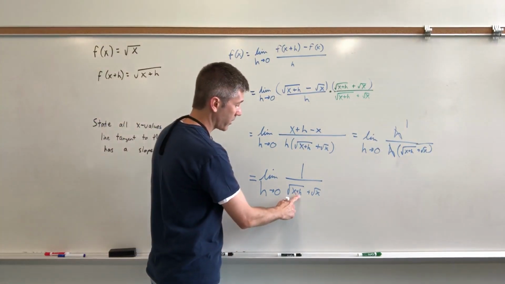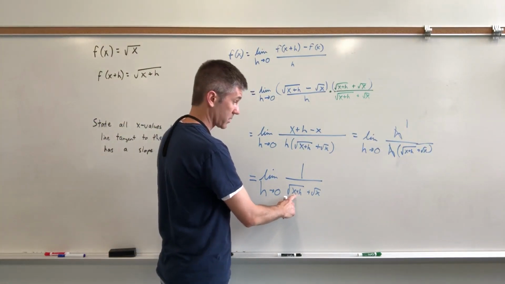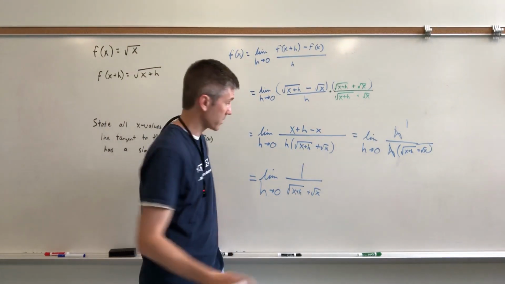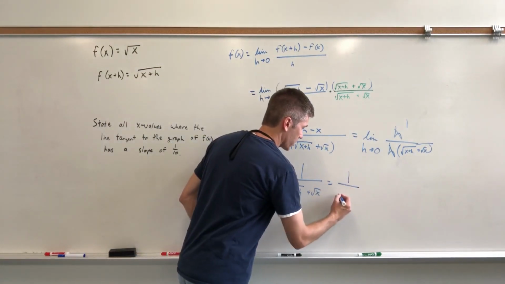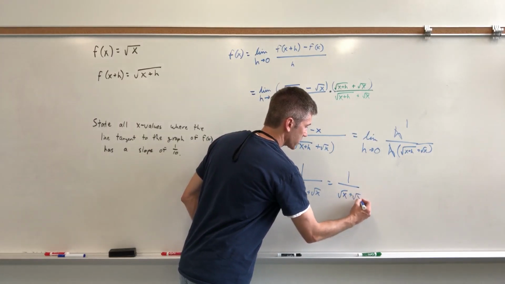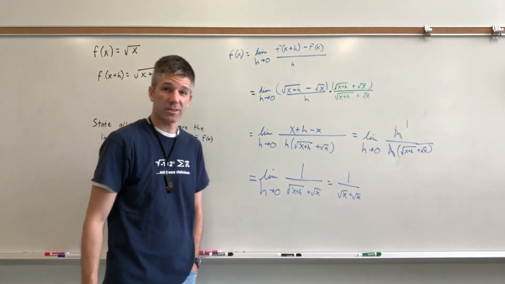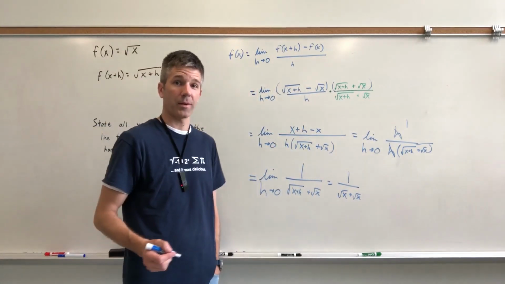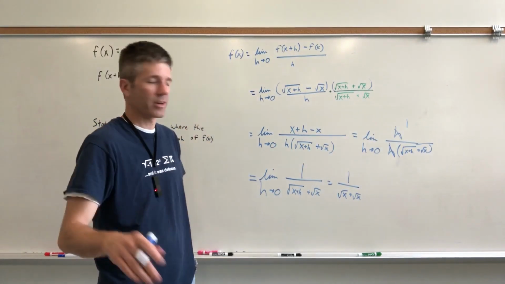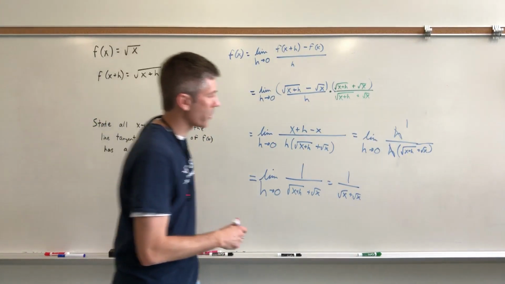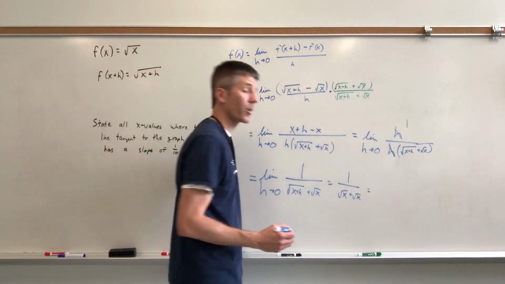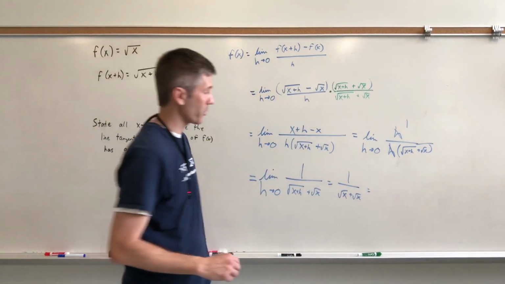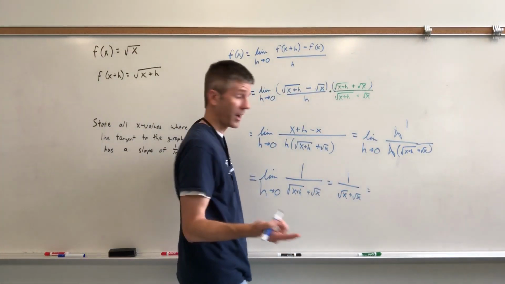If I plug the 0 in right here, I would have the square root of x plus 0, which is the square root of x. So I would have 1 over the square root of x plus the square root of x. And what I really have is a squeaky marker. I don't know if the microphone's picking it up or not, but it's really annoying. Anyway, the square root of x plus the square root of x gives me not the square root of x squared, but 2 times the square root of x. I have 1 of them and another 1 of them, so I have 2 of them.